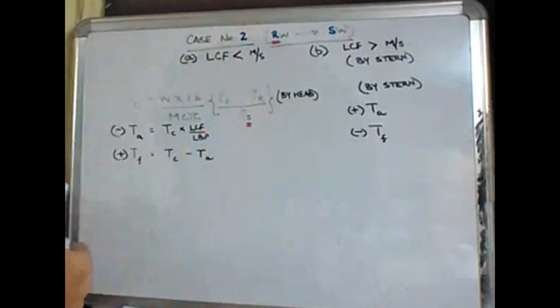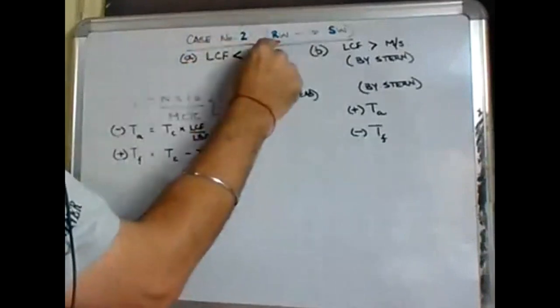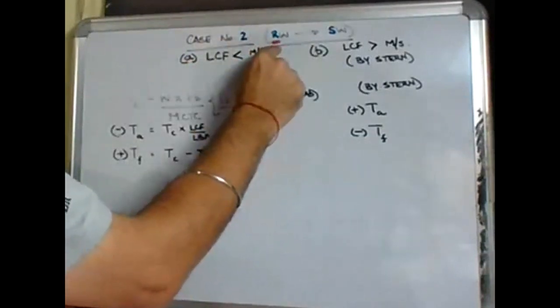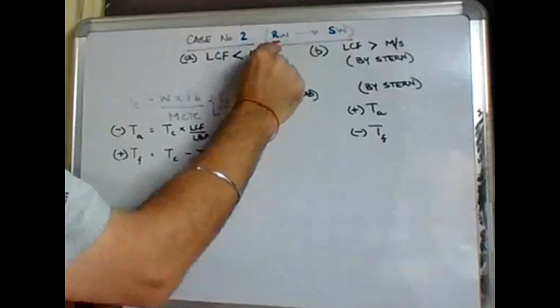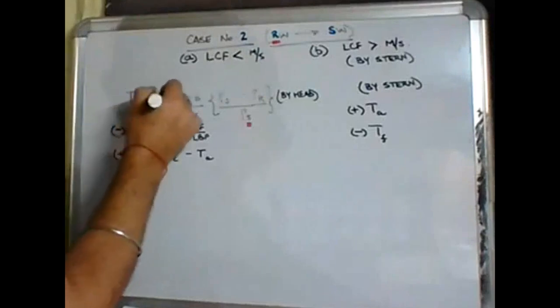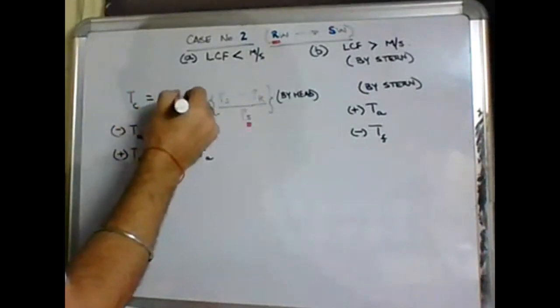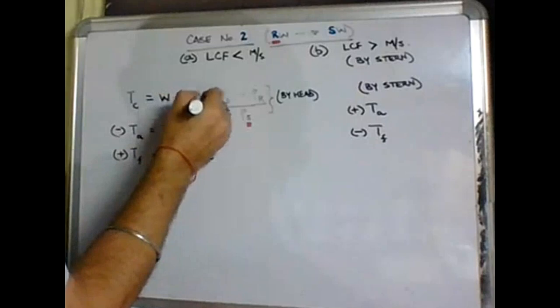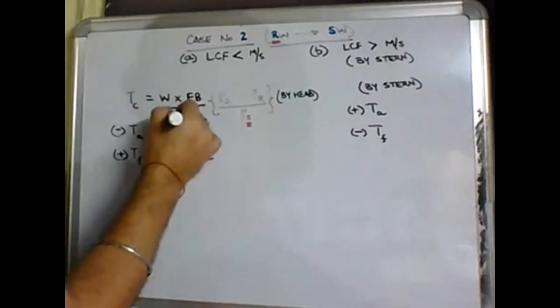Doing part A. Initial is R. So my formula for TC will be the same, no change in my formula.